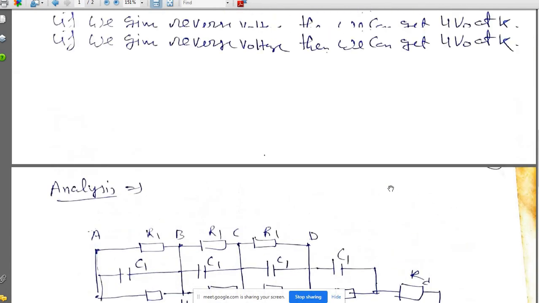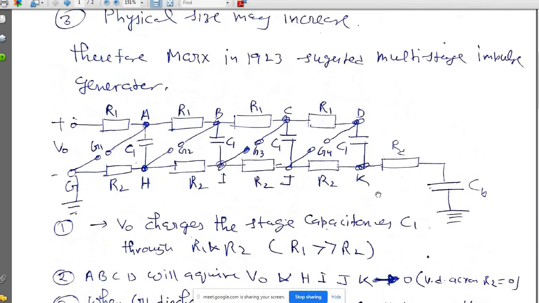Now we can analyze this circuit. After these gaps break down, G and A, H and B, I and C, and J and D become short circuits, which has no meaning in the analysis, so we'll start from here.